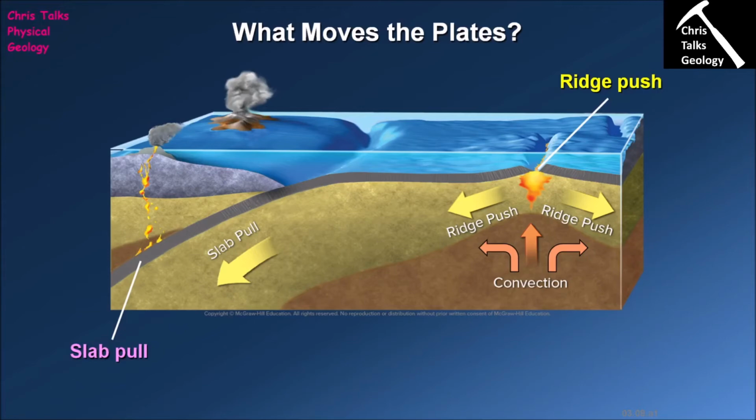Now, that's probably a pretty extreme example, but it gives you an upper limit of how important slab pull is. So the movement of the plates is a mixture of ridge push, slab pull, and other lesser forces, of which mantle convection is probably the dominant contributing factor.